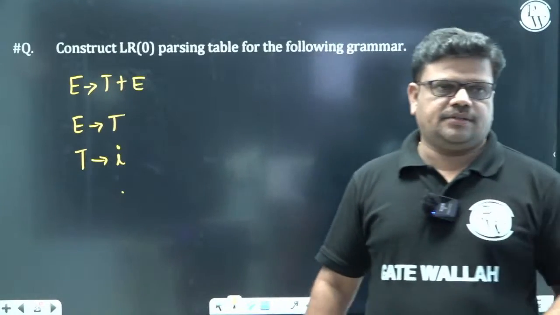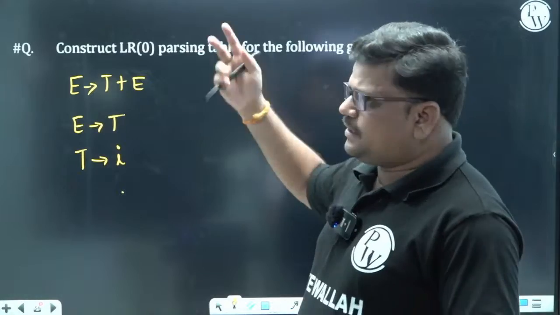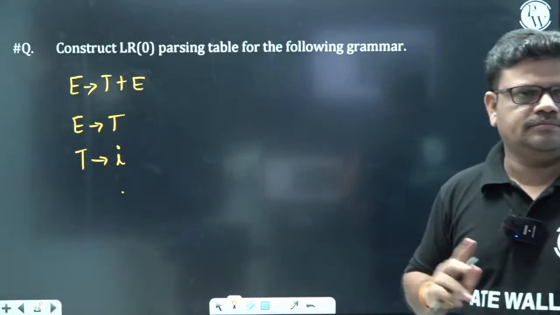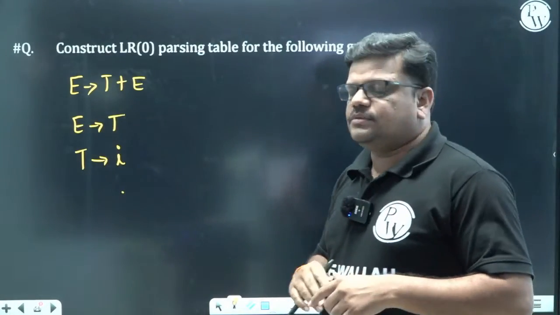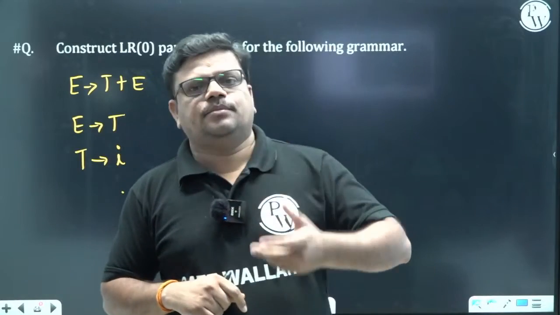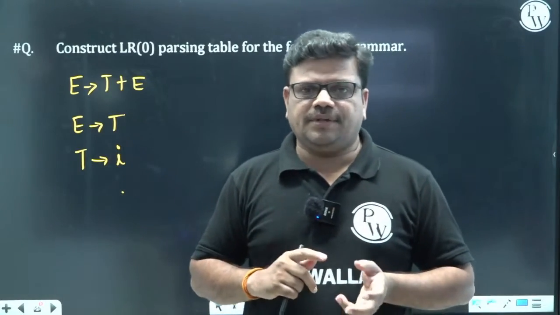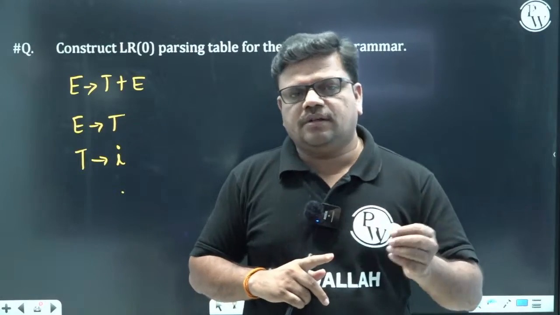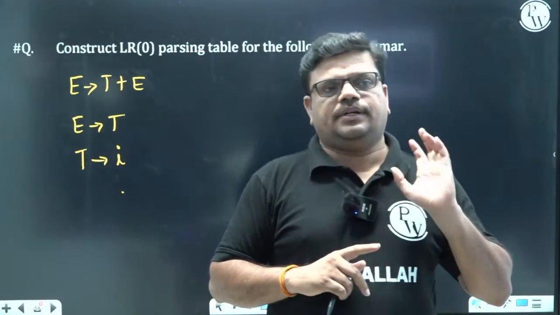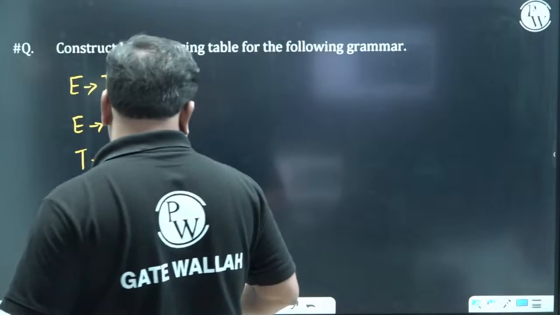Once it is constructed, the table construction is very easy. That is what I'll tell you next, how to construct the table. First, let us practice one more example of constructing the LR0 items DFA.